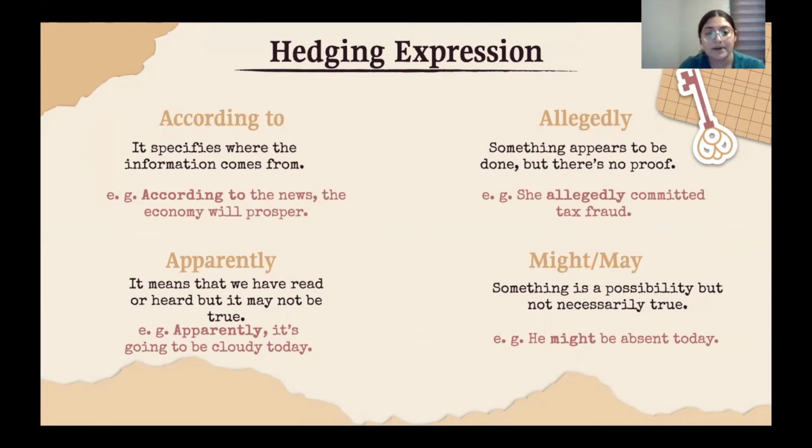Next, we have allegedly. This is something that can appear to be done, but there's actually no proof of it. So without the evidence, we cannot affirm that what we are saying is true. The example will be, she allegedly committed tax fraud.